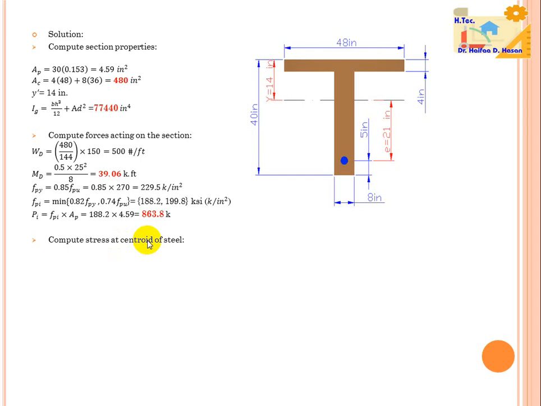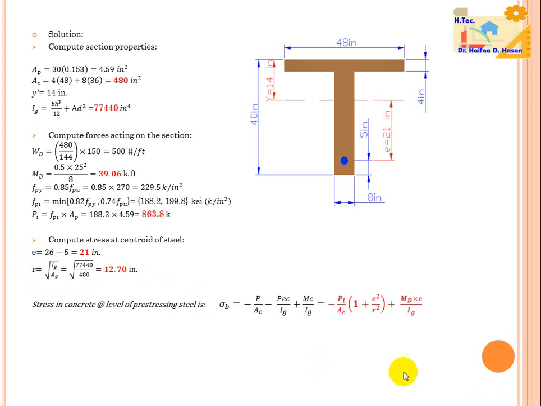Compute stresses at the centroid of steel. e equals 26 minus 5, equal to 21. And here calculate the radius of gyration equal to the square root of I gross divided by A gross.